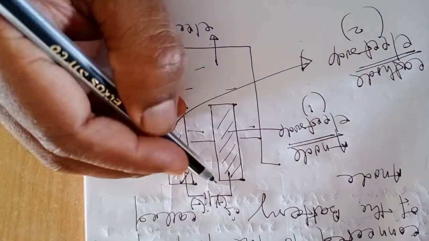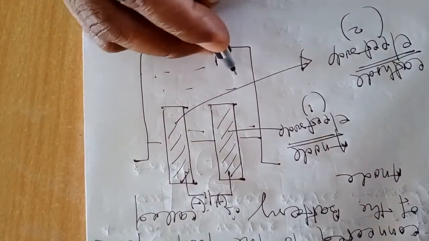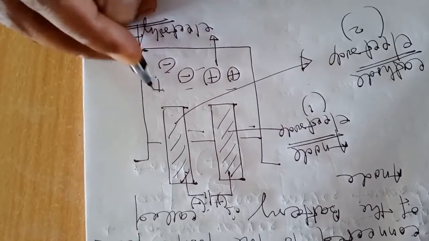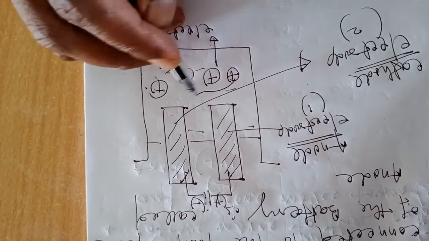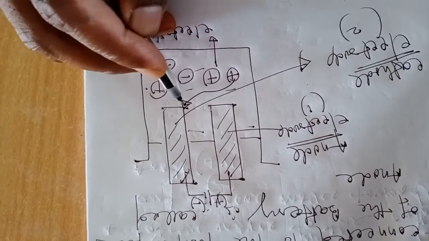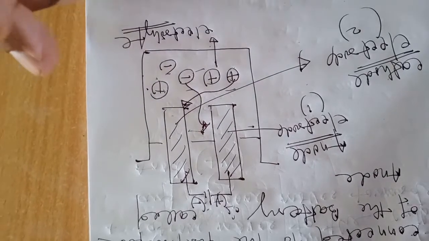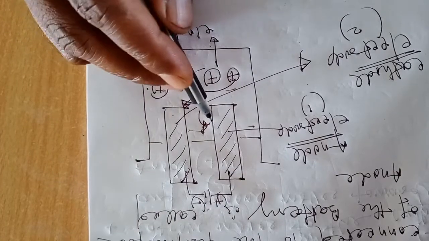After passing of the electric current through the electrodes, the electrolyte dissociates into positive charge and negative charge. These are the cations, these are the anions. Cations move towards the cathode and anions move towards the anode.